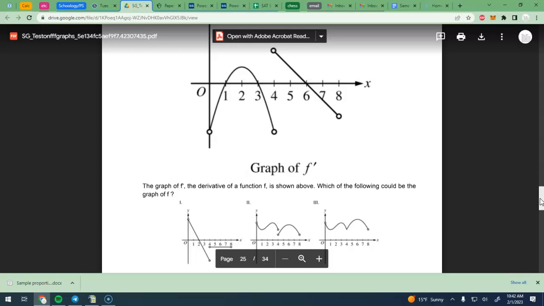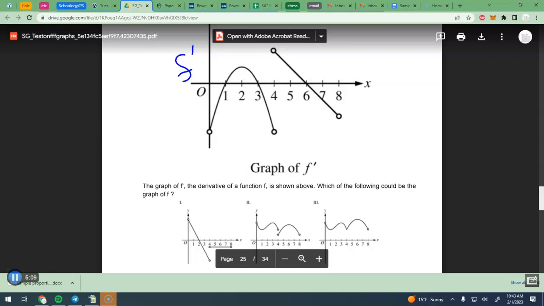The graph of the derivative is shown above. So this is f prime. Which ones below could be f? So I think I would start by looking, if this is f, where is the slope 0?